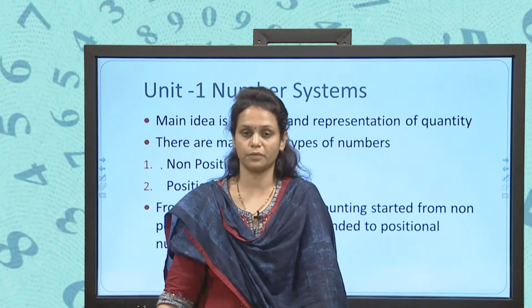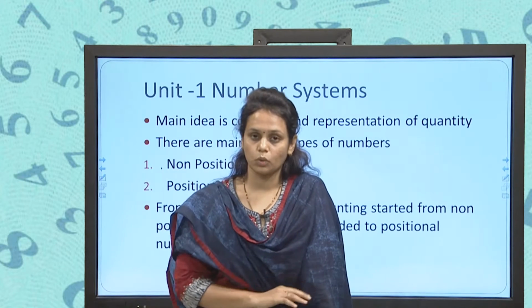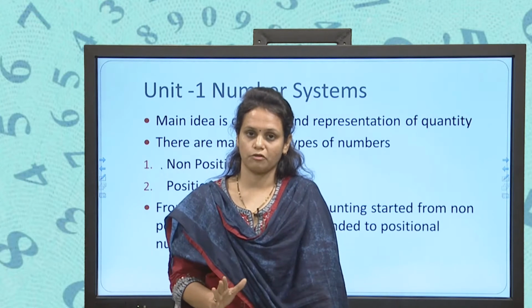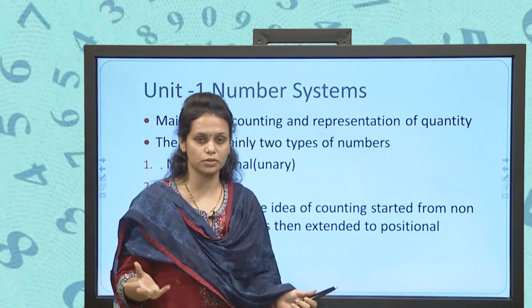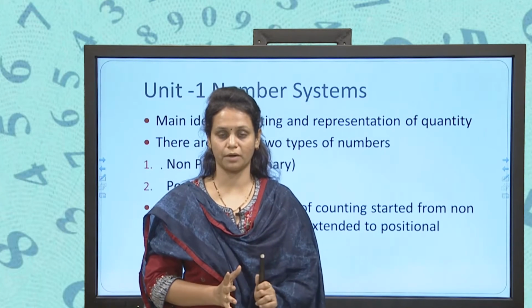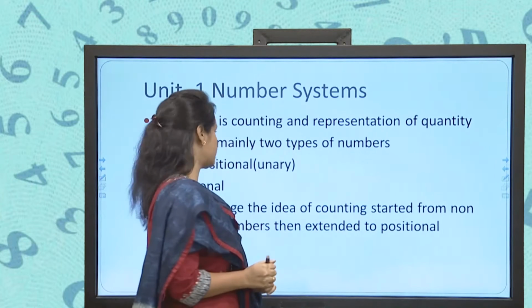Non-positional number system means there is no importance of position for that number. For example, you can use different digits for that number, but there is no importance of the position.